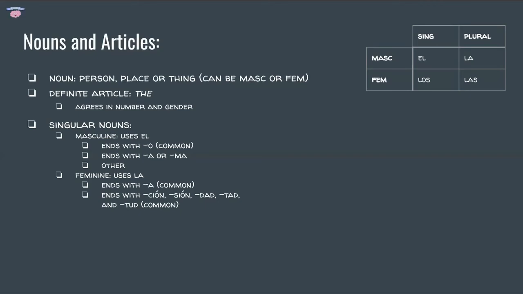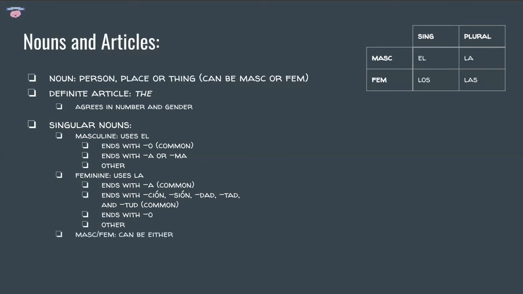An example is la canción, the song. Some end with O, but this is less common, and an example of this is la mano, the hand. And some fall in the category of other, like la mujer, which ends with R.